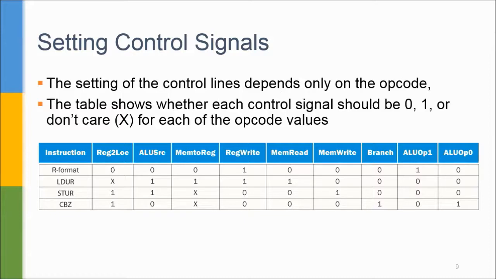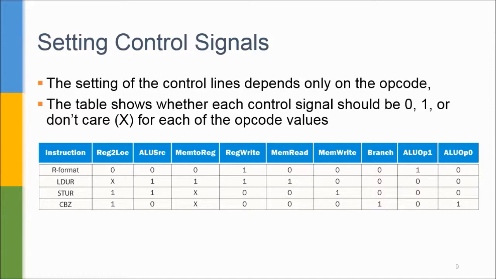The first row of the table corresponds to the R format instructions, which are add, subtract, and OR instructions. For all these instructions, the source register fields are RN and RM, and the destination register field is RD. This defines how the signals ALU SRC and REG to LOC are set.